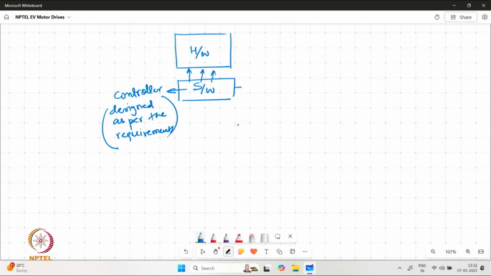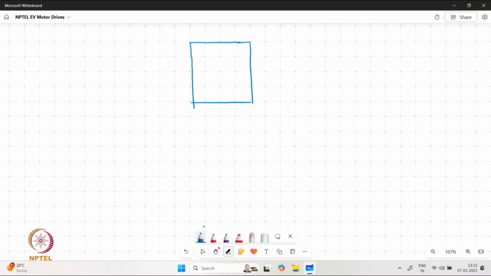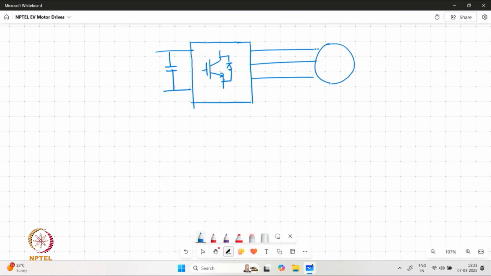So if I draw the physical structure, we have an inverter feeding the motor. The motor is connected to the load, where tau L, tau E, omega M are the usual quantities we have considered.